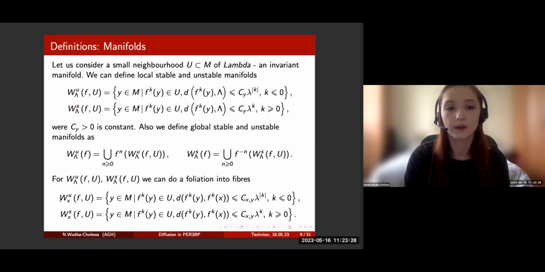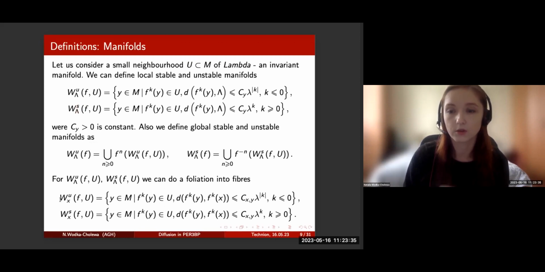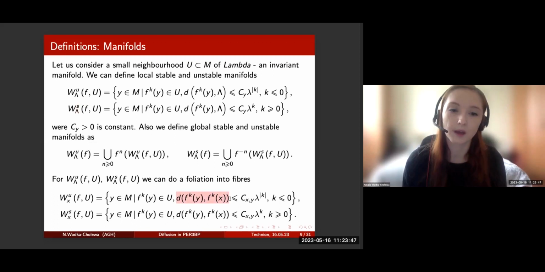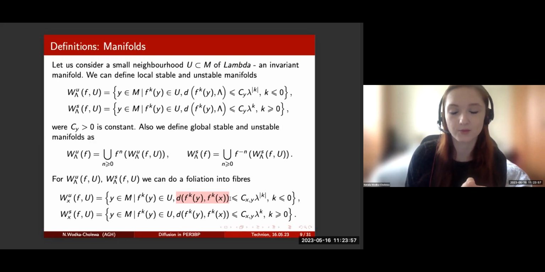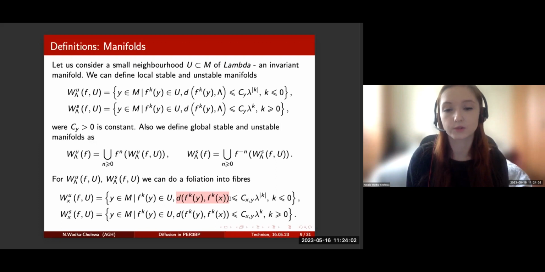So you have the unstable manifold WU in point X. So it's not all the lambda, but it's point X, and we see that the distance between the image backward in time of y and the image of x is shrinking, and similarly for the stable manifold.